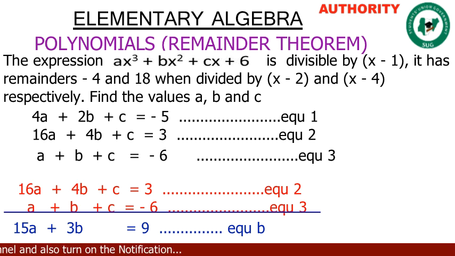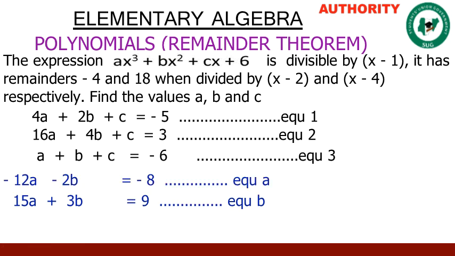Now, 3 minus minus 6, we are going to have 3 plus 6. We're going to have 9. So, we are going to call this equation B. So, we are having equation A: minus 12a minus 2b is equal to minus 8. Then equation B: 15a plus 3b is equal to 9.